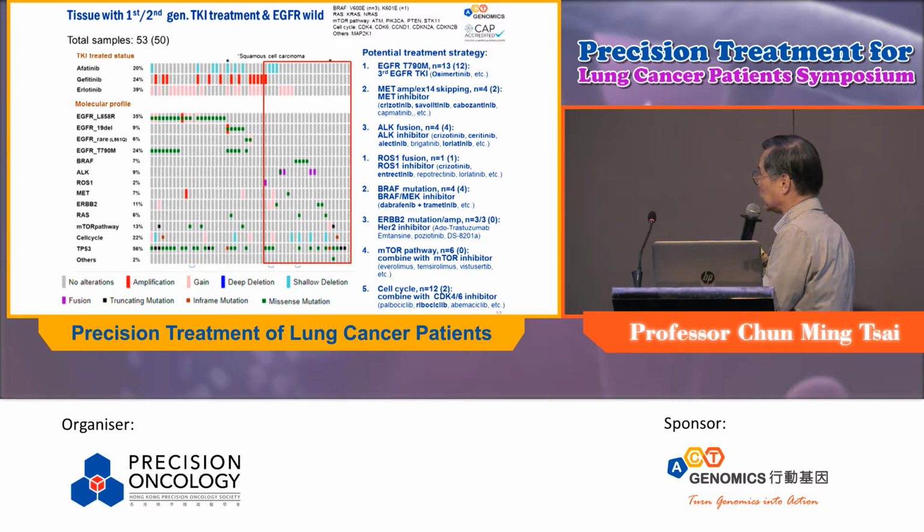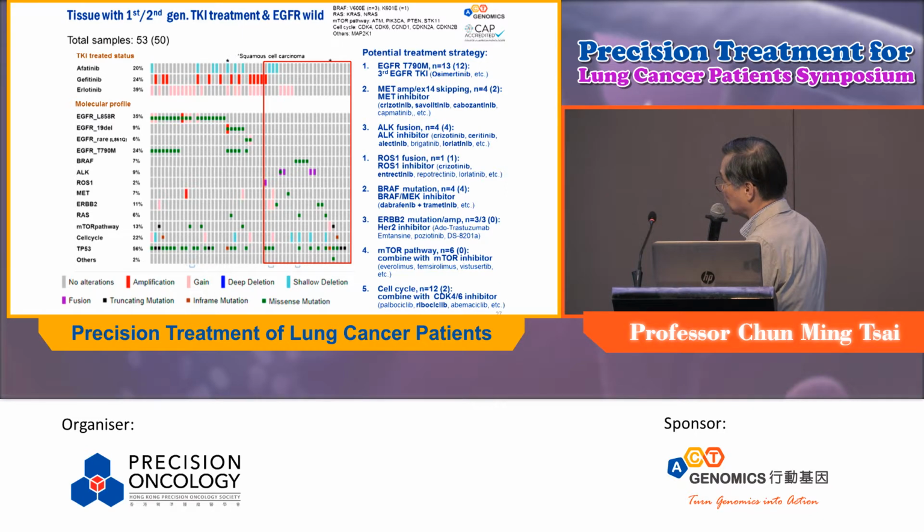For these 4 patients, 2 patients have been treated with an anti-MET inhibitor, and we detected 4 ALK fusion patients here treated with ALK inhibitor, and 1 with ROS1 fusion treated with entrectinib followed by quizartinib. And 4 patients with BRAF received BRAF and MEK inhibitor, dabrafenib and trametinib.